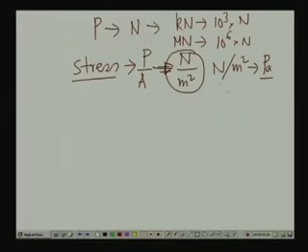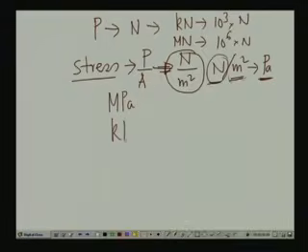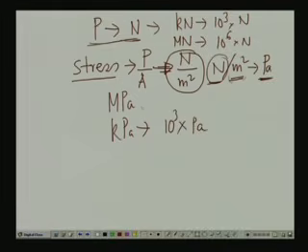Since 1 Newton of load acting on 1 meter square of area comes quite small, because 1 Newton load is very small whereas a meter square area is very large, many times these stresses we represent in terms of megapascals or kilopascals. Kilopascal is 10 to the power 3 times Pascal, and megapascal is 10 to the power 6 times Pascal.